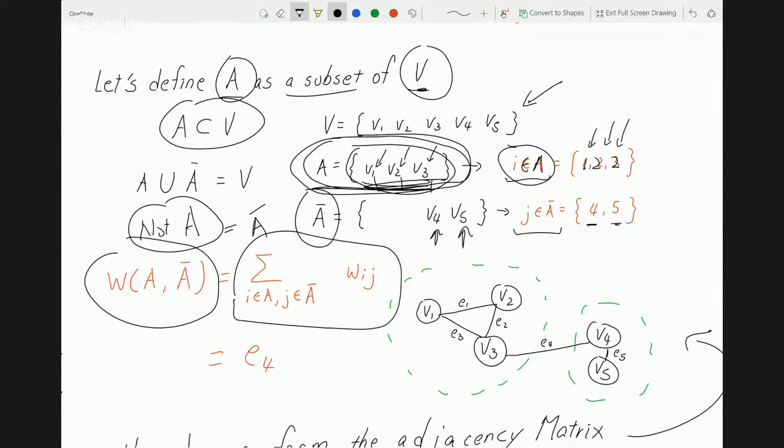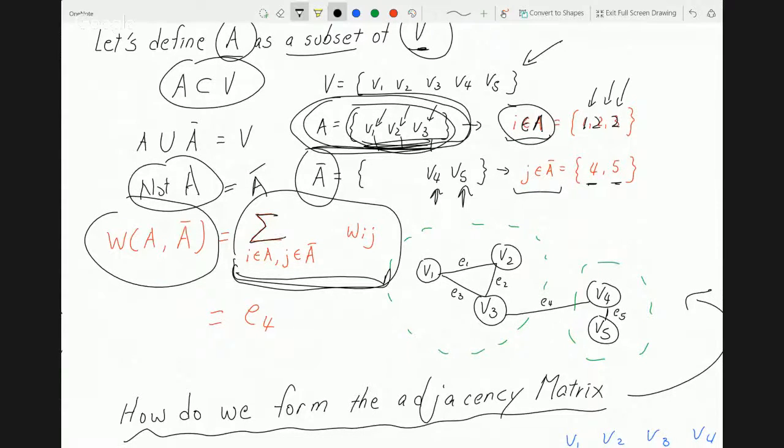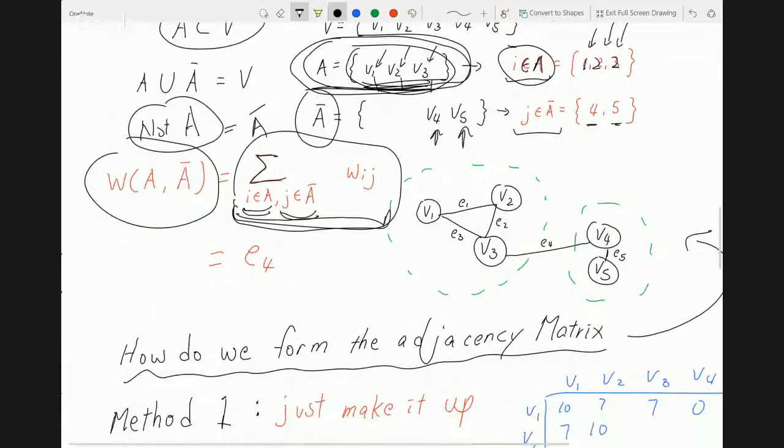Well, what this notation means is that you want to sum over all the i's in A and all the j's not in A. So what is that? All the i's in A are 1, 2, 3, and all the j's not in A are 4, 5.